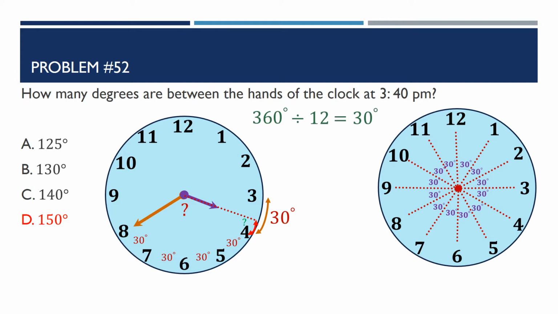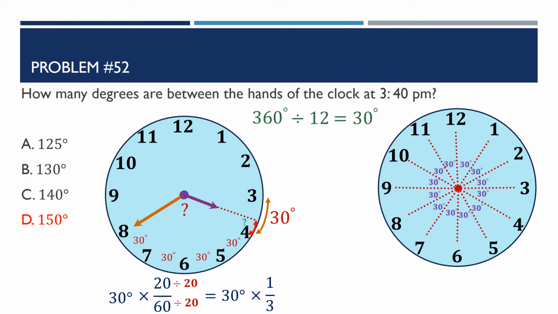And so this 30 degrees, we are going to multiply it by 20 out of 60. Why 20? It's because it's 20 minutes left before it will reach 60 minutes. So let's reduce: 20 divided by 20 and 60 divided by 20, so it will be 1/3.